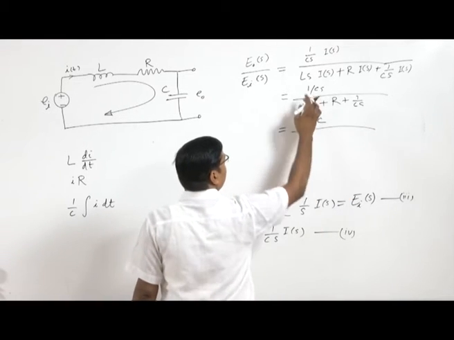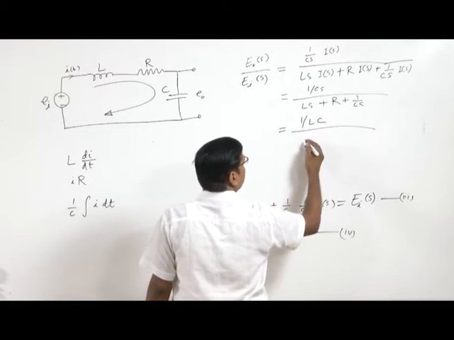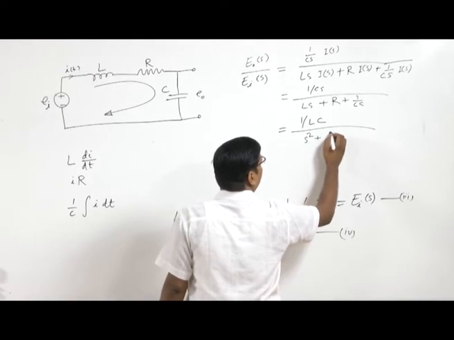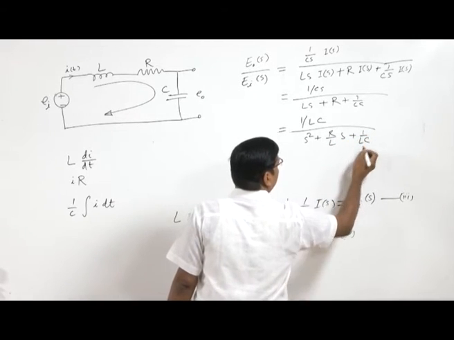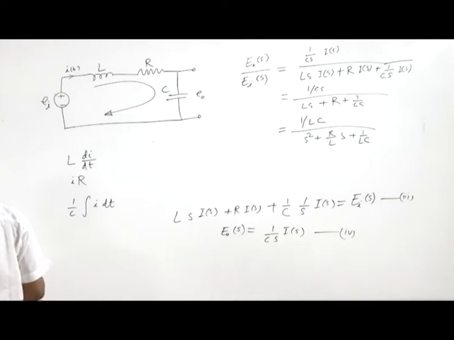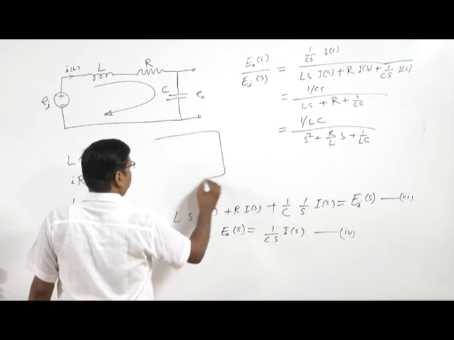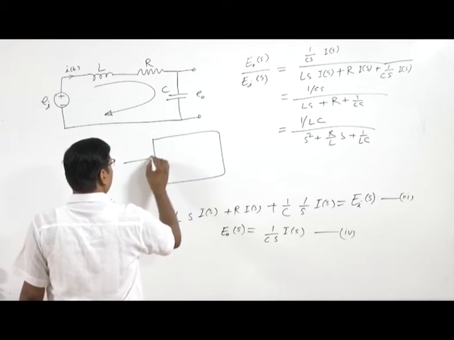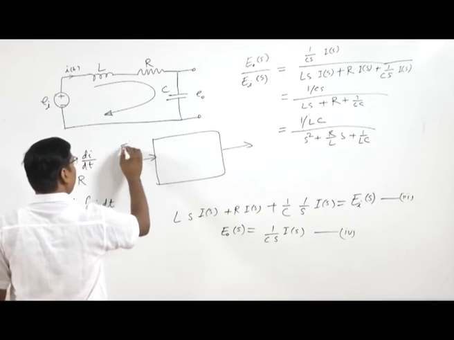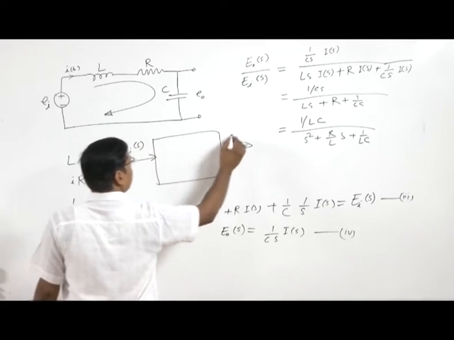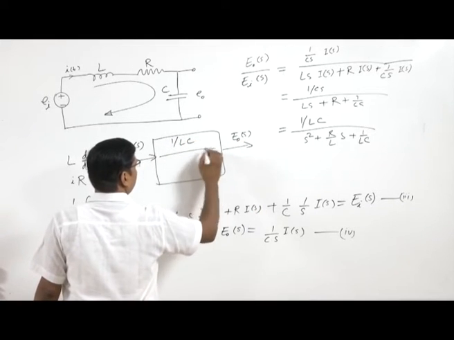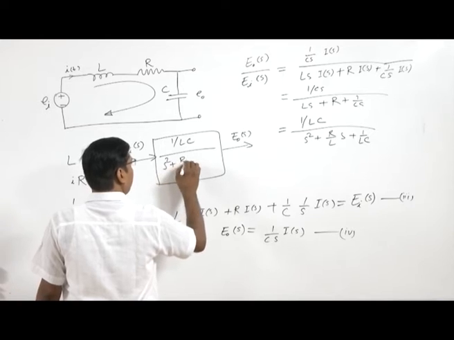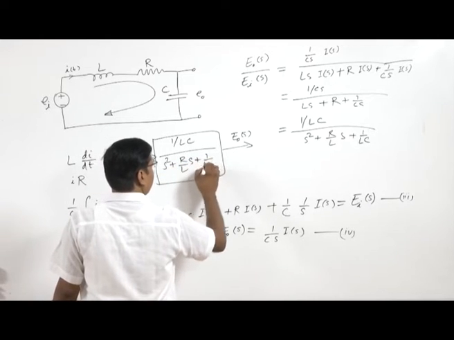We take L here and s here, so s squared plus R by L s plus 1 by LC. So we can represent this transfer function as Eo(s) by Ei(s) equal to 1 by LC upon s squared plus R by L s plus 1 by LC.